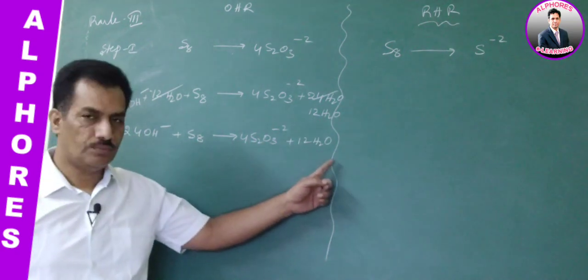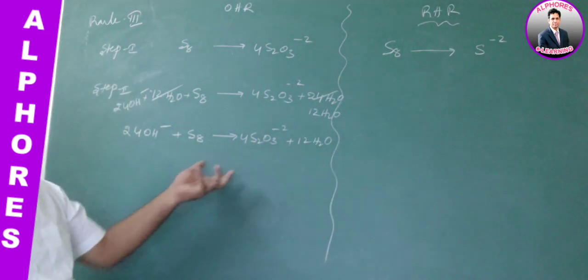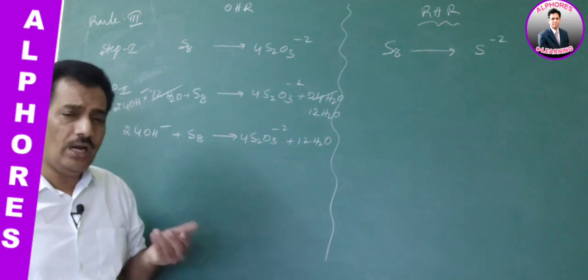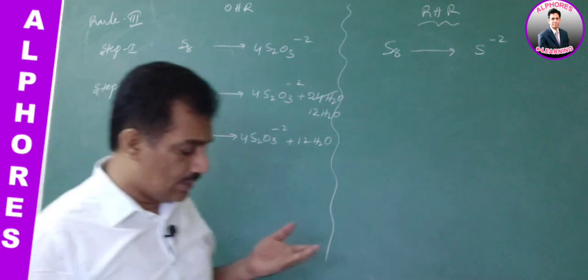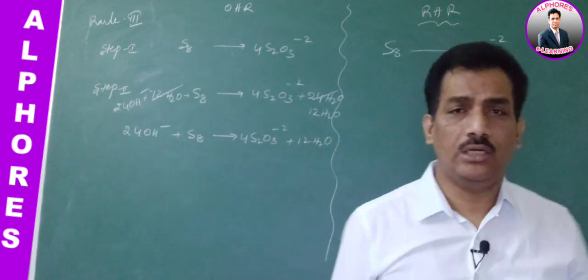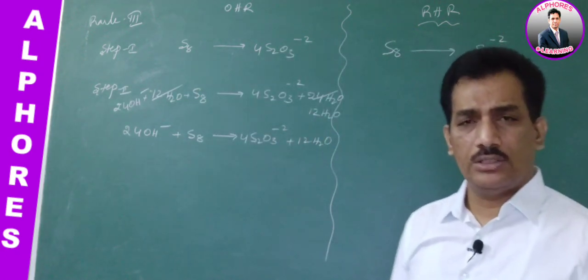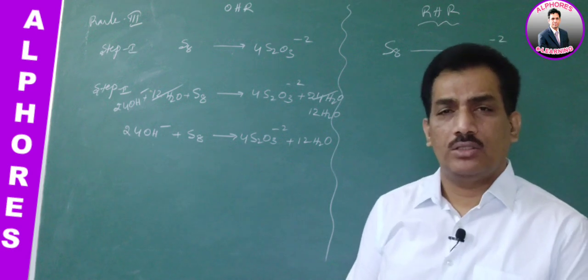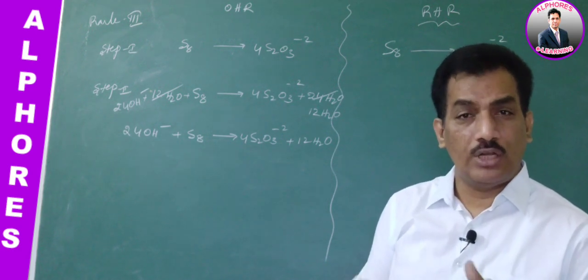Now, is oxygen balanced or not? Let us verify. Our intention in using the trickish logic approach is only to balance oxygen and hydrogen in a simple manner without any doubts.